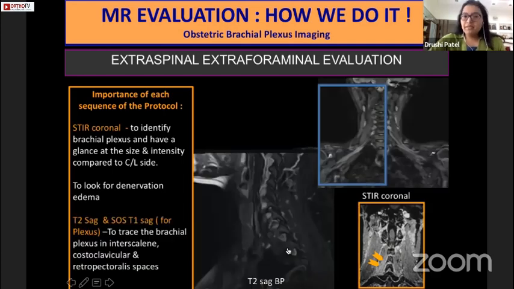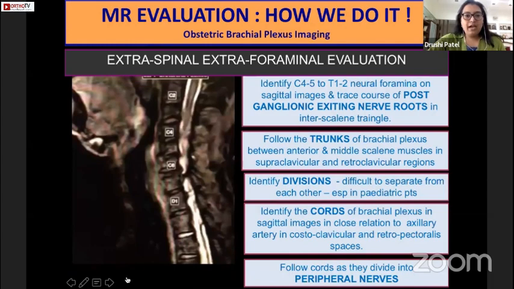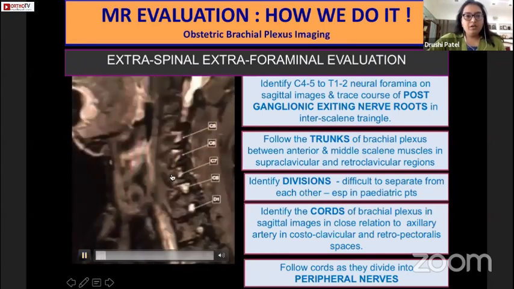And for detailed evaluation, we see the T2 sagittal images, where we trace the brachial plexus from the midline towards the axilla, and in the interscalene and costoclavicular spaces. So let's have a look at this particular scroll. We start from the vertebral bodies.